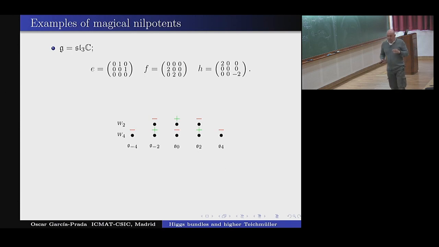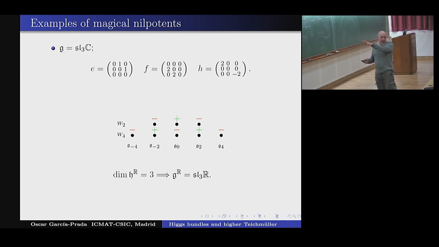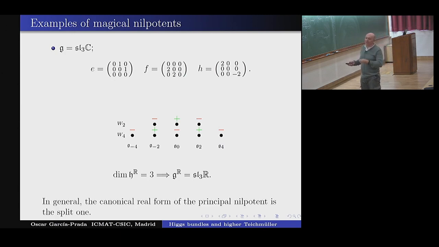So, some examples of magical nilpotents. Of course, this is an example of a principal one. You can compute things and realize that the real form that you get is SL3R, right? And this magical nilpotent is actually a principal nilpotent. So we knew about those. I mean, Hitchin knew about those, and Kostant and other people.